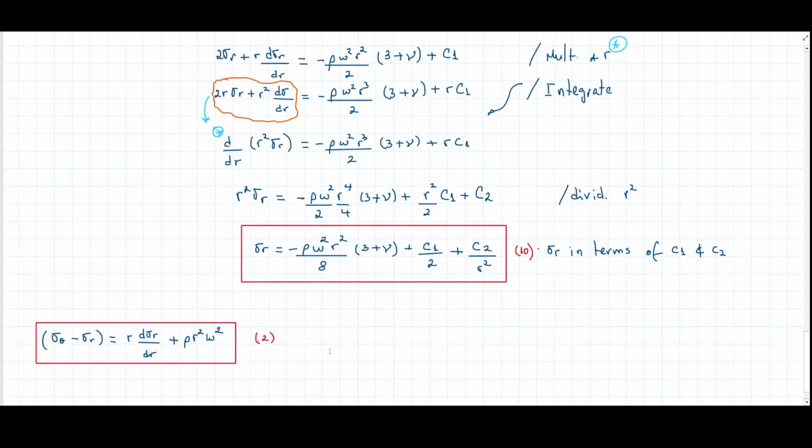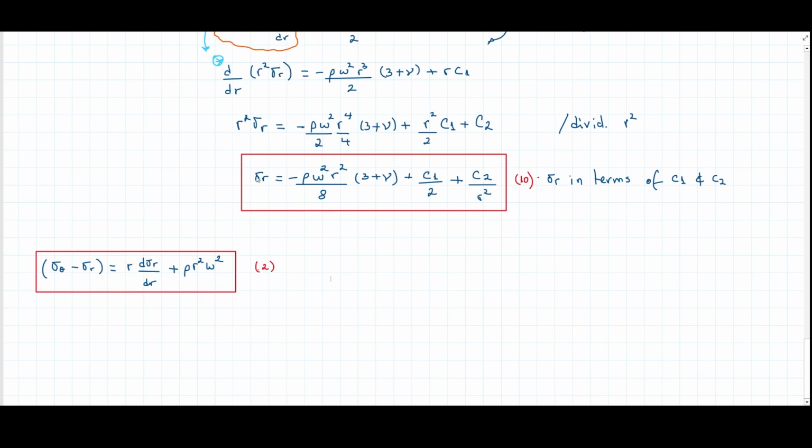So if this is the value for the radial stress, then I could input that in this equation, and that would give me at least one value for the circumferential stress. So let's do that. Let me write it down here, working with equations 2 and 10.